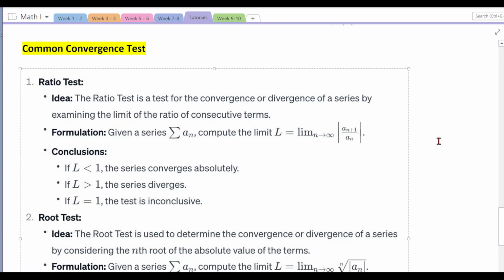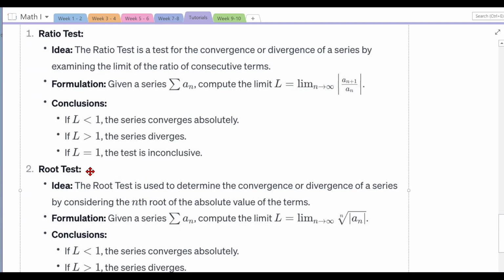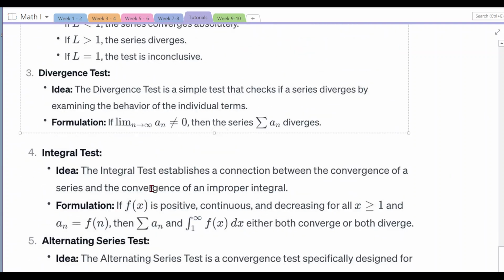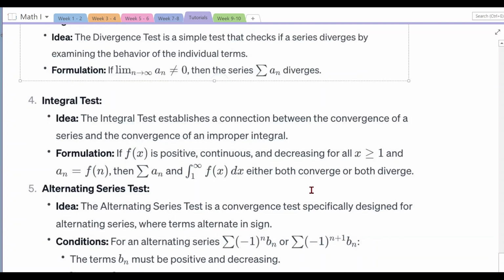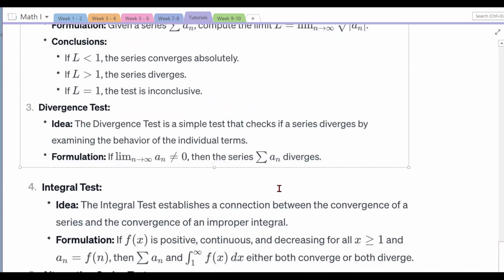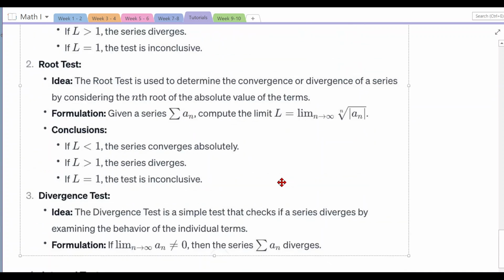The first one is the ratio test, and then we also have the root test, divergence test, integral test, and alternating series test. We will look at some of these tests with examples in the next video.